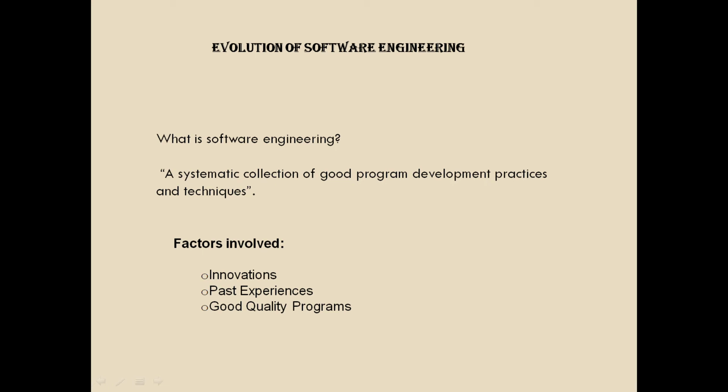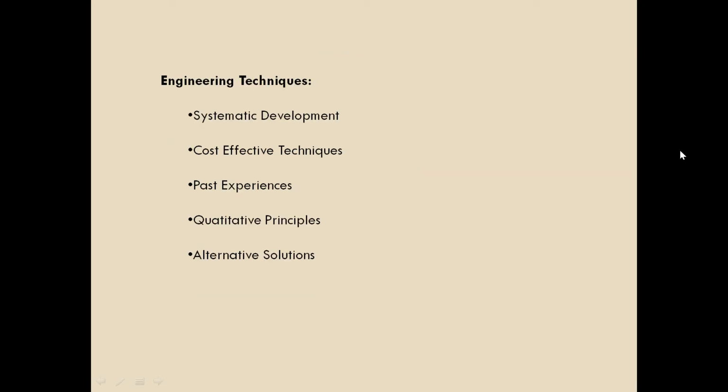As we said, software engineering always makes use of past experiences. Yet software engineering is neither considered a science nor an art. Why should software engineering not be considered a science or art? We said the engineering techniques include systematic development, cost-effective techniques, past experiences, quantitative principles, and alternative solutions.